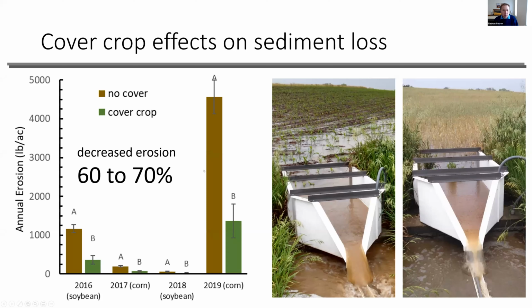And then in the years where we had high erosion, again, 60 to 70% decrease. So the cover crops are doing a great job at decreasing erosion, even in these no-till systems where we felt like we were doing pretty good already in decreasing our erosion losses.